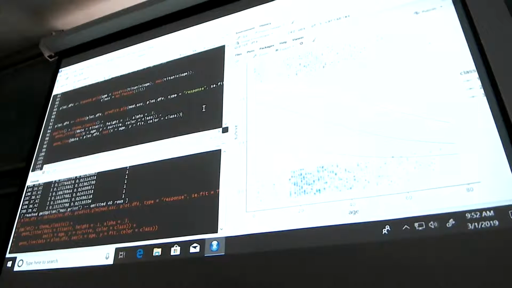And so then we want to add in our confidence intervals. So we add another layer and we'll say geom ribbon. Data is plot DF4. AES X again is age. Y min again will be fit minus 1.96 times SE fit.